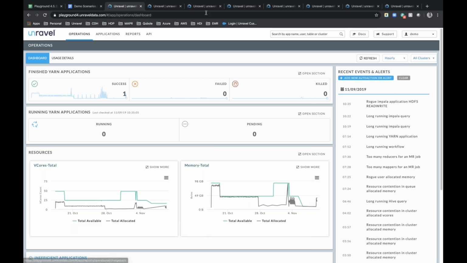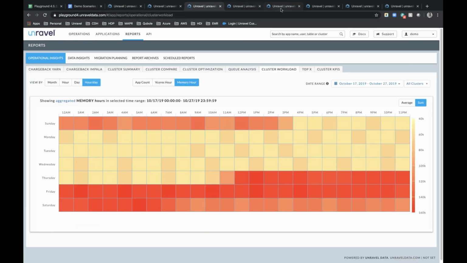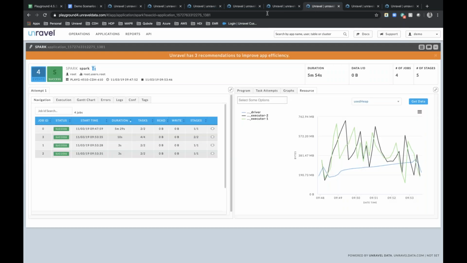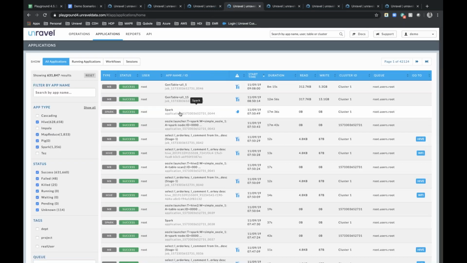And the other part of the solution is the application part, which is providing visibility into each individual user's workloads, being able to identify when those workloads have areas of improvement where they can be tuned to reduce the amount of resources, and also have the jobs run faster.